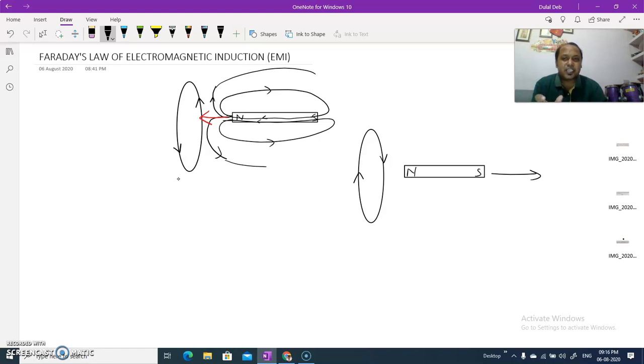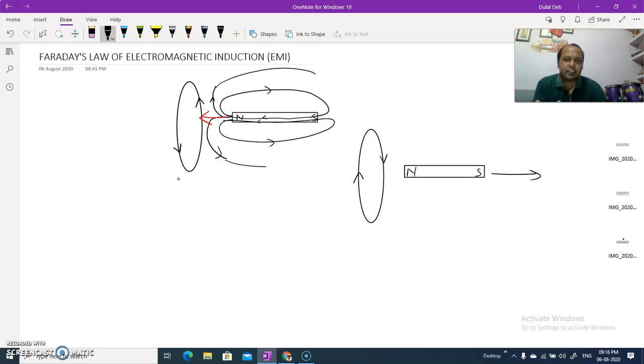So what we can say is, whenever there is a relative motion between the coil and the magnet, a current will be induced in the coil. Relative motion means the motion can be because of either of the two or because of both of them also. Okay, so I hope this is clear. Two points are clear from this experiment.